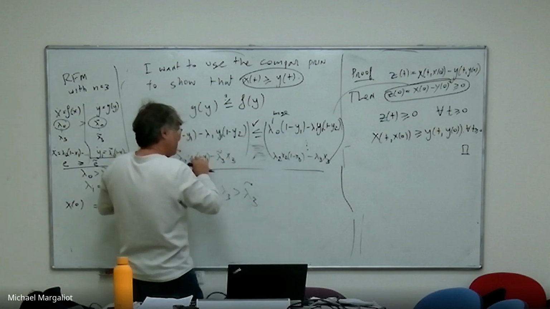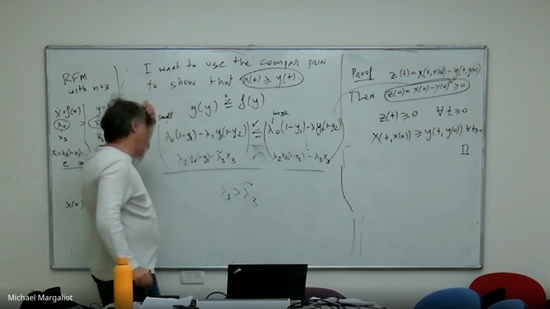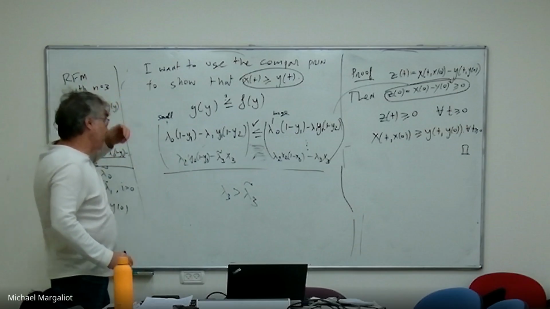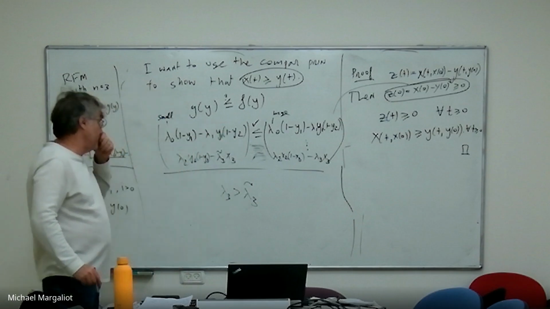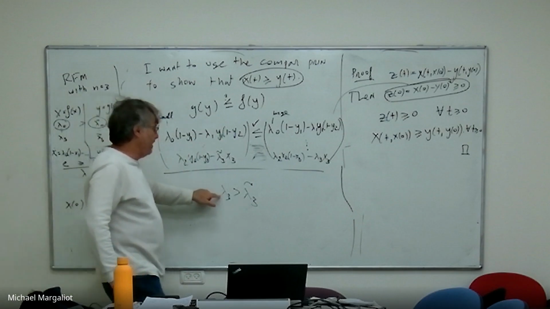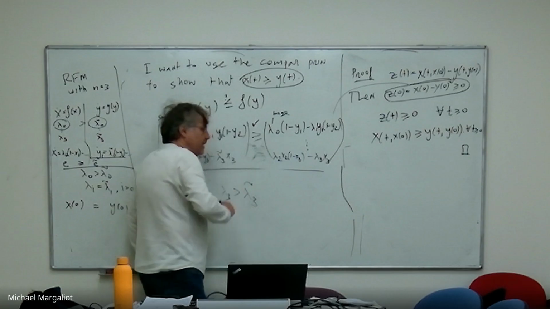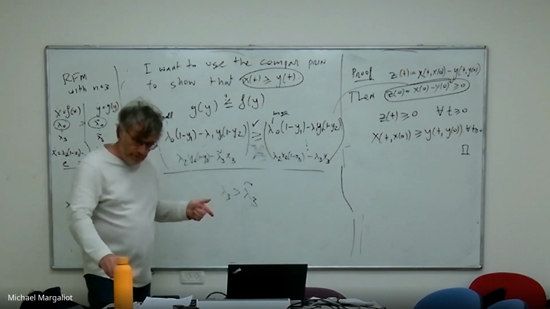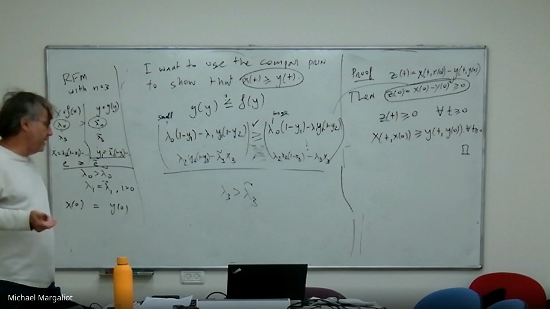So now what will happen? I think you will get an opposite direction. Why? If lambda 3 is bigger and this is with a minus, then you will get it like this. And then your conclusion will be the same as the previous one, but in the opposite direction.